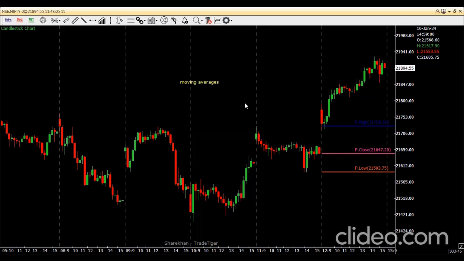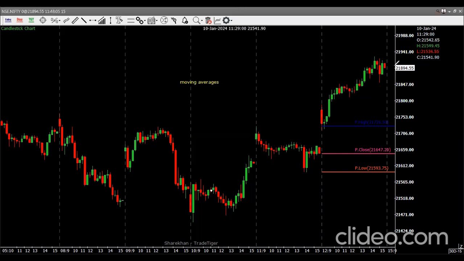This usually is price at this point. Moving averages, you can just take an average of all the data points. See, here price is 21,894 in Nifty. At this point, what is the price? It is around 21,700.